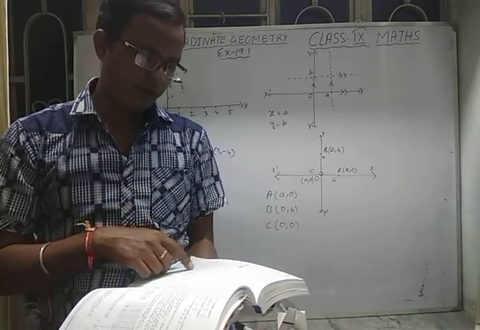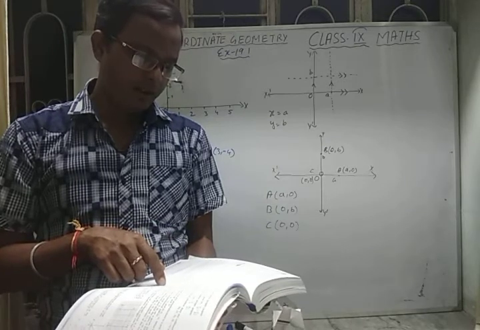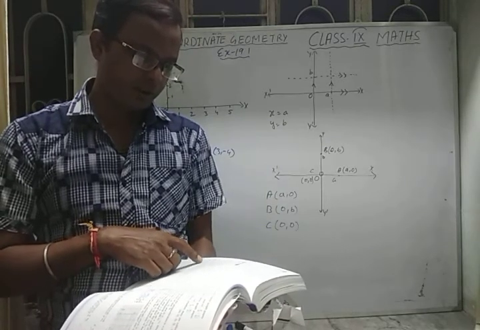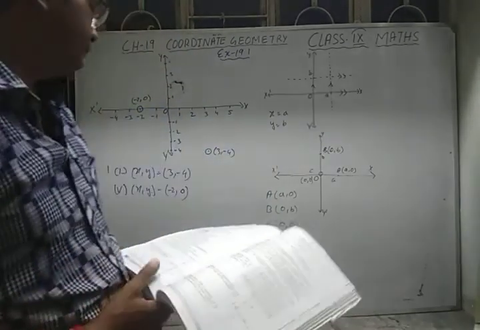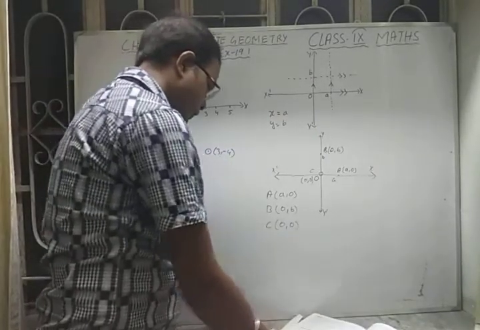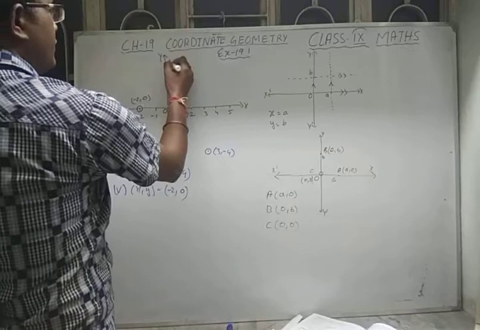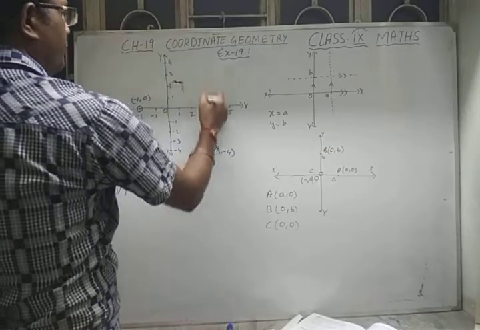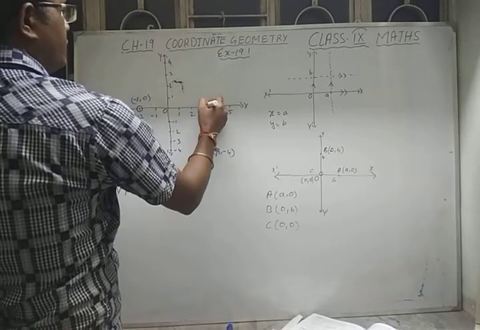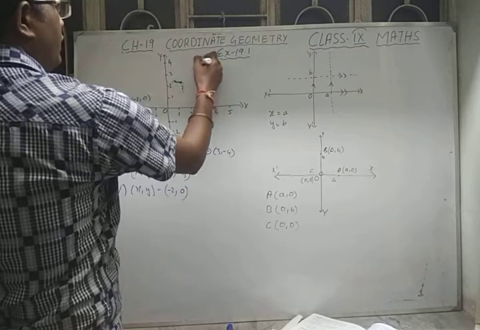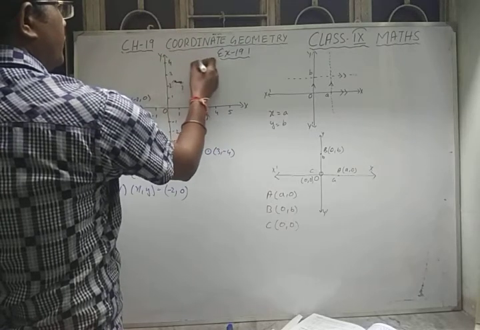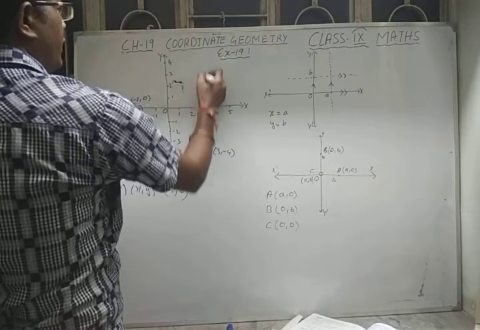Now, next question, question number 4: you have to just plot the points. First of all, (3, 4). If you want to plot the point (3, 4), that means 3 is here, 4 is here. Draw a perpendicular from 3 and a horizontal perpendicular from 4.